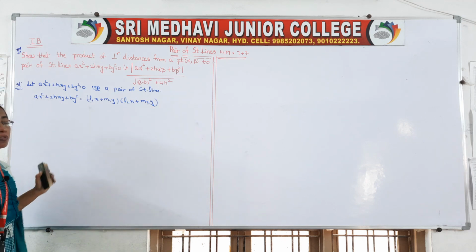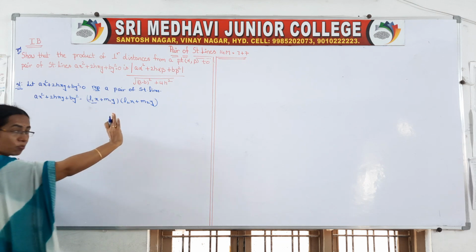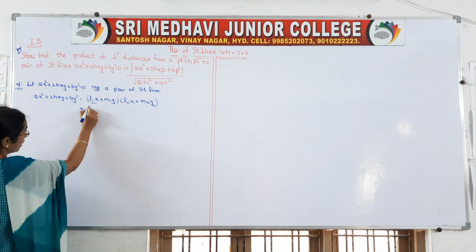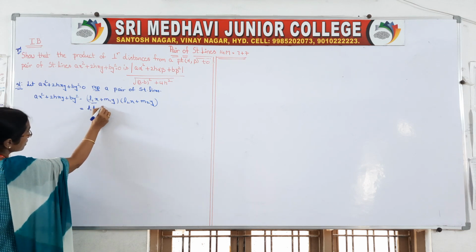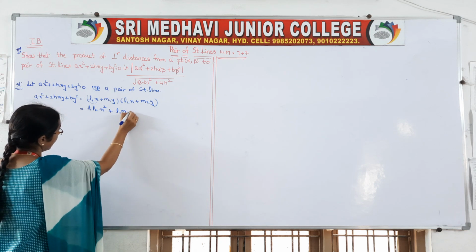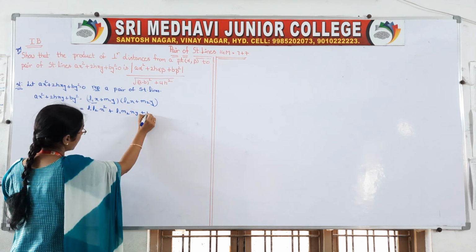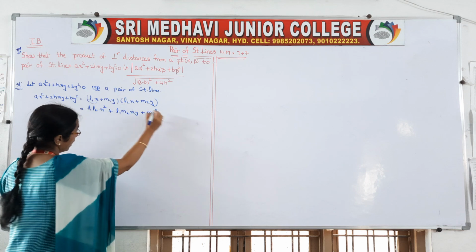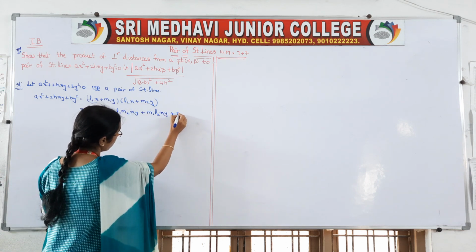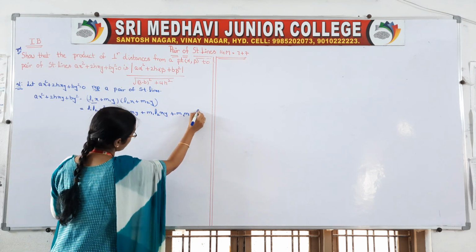Now first with L1x you multiply these two, next with M1y you multiply these two. So L1x into L2x gives L1 L2 x square, next L1 M2 xy. Now with this it is M1 L2 xy. Next it is M1 M2 y into y, y square.